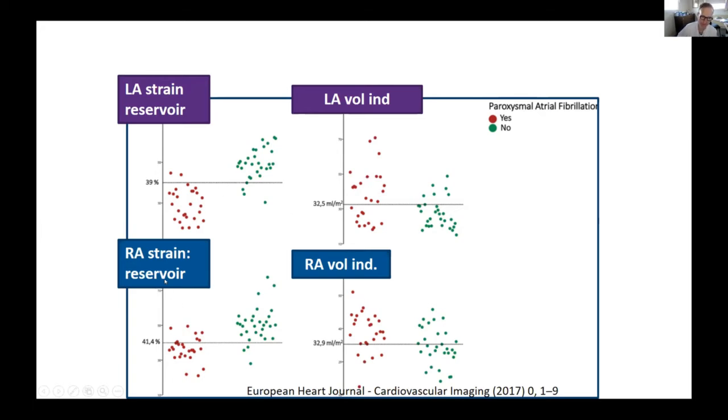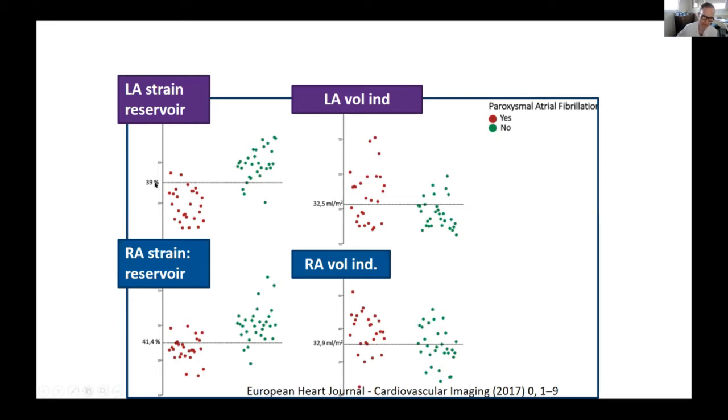And that's quite the same for the right atrial strain as regards right atrial volume. You see in green the patients who will never develop any atrial arrhythmias during the follow-up, and in red the patients who developed an atrial arrhythmia.